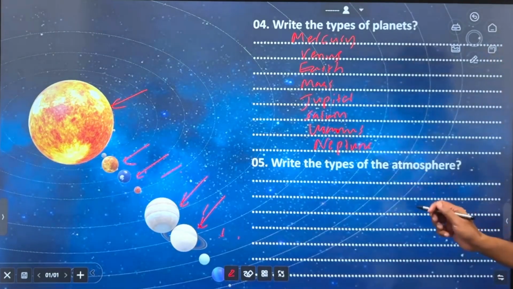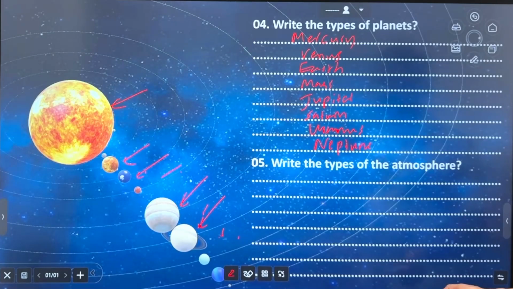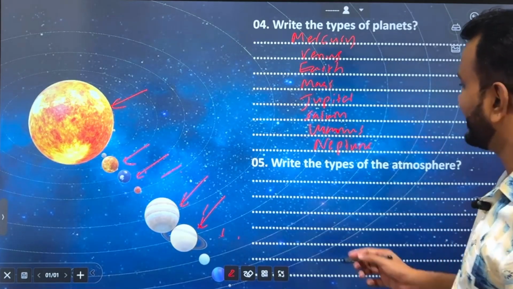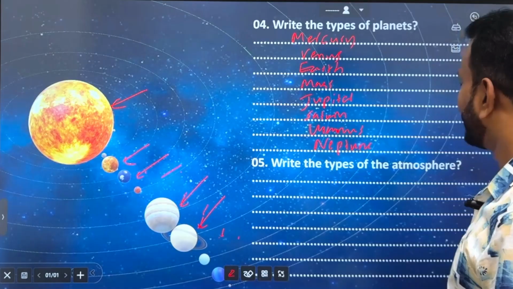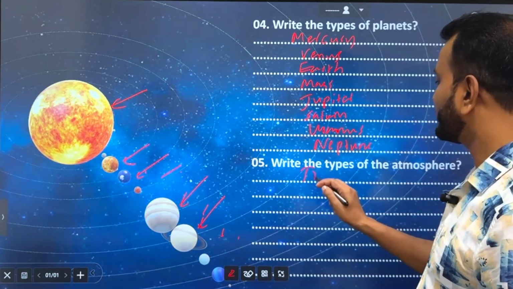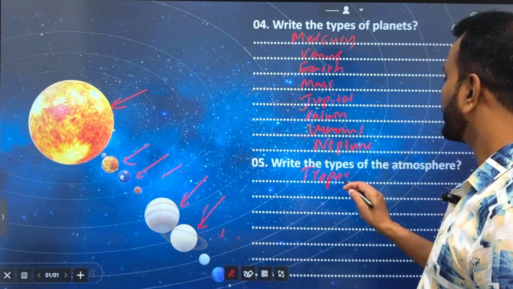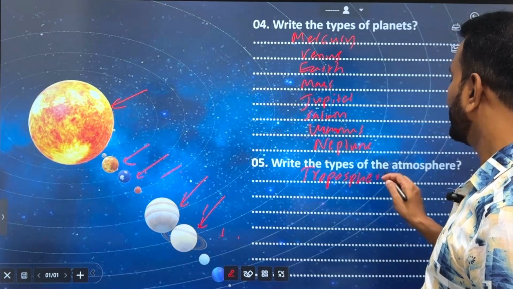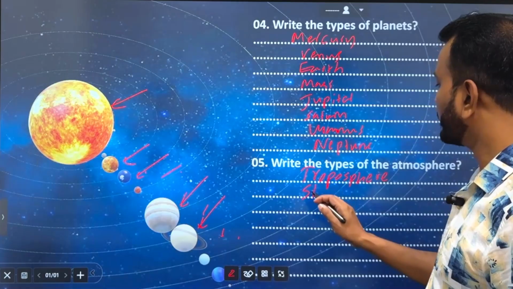Write the types of the atmosphere. Troposphere, stratosphere, mesosphere, thermosphere, exosphere. First one, troposphere. Number 2, stratosphere.